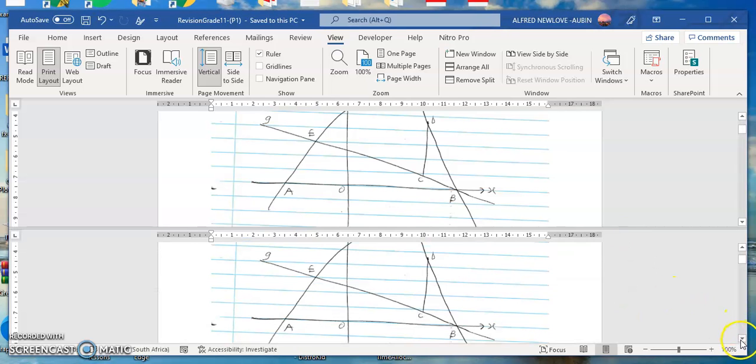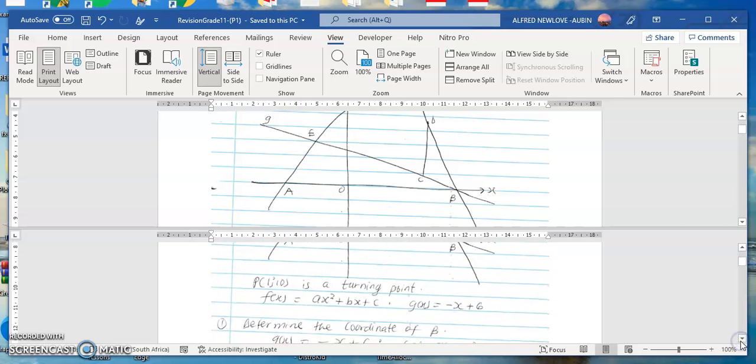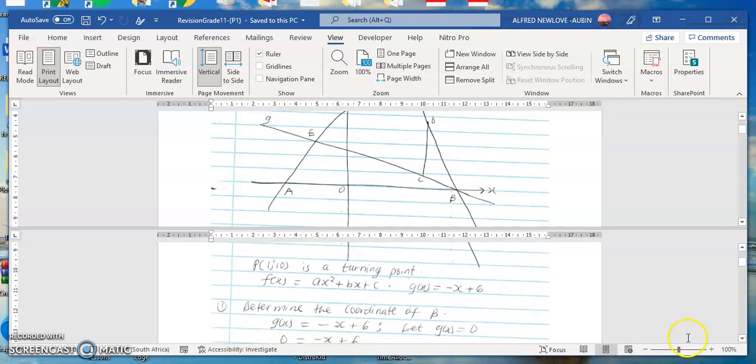They want us to determine the coordinates of B. So the first thing we need to do is write the equation of J, because the parabola, which is F, and the linear graph, which is J, intersect at B. We cannot use F because we don't know a, b, c. It's easy to use J to find the coordinates of B because everything is given. That's why we are using J.